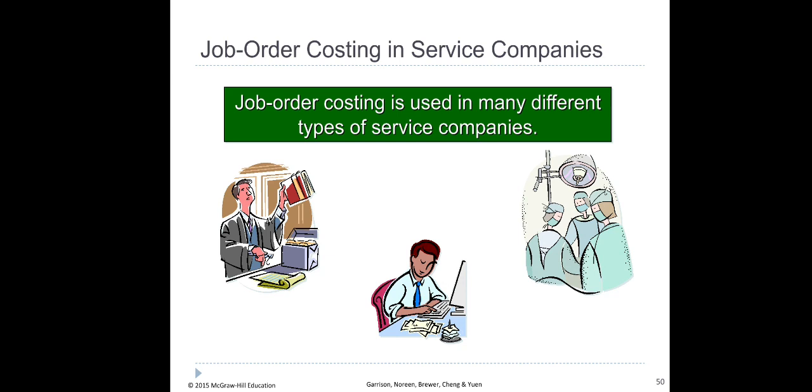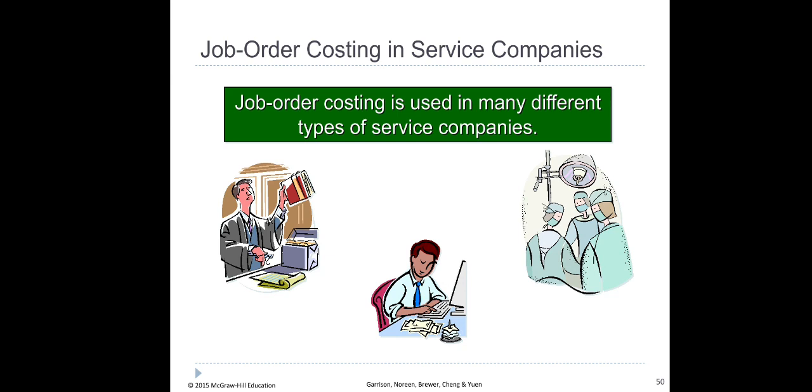Okay, another thing that I want to share with you is that job order costing can be used in manufacturing businesses, and also can be used in service businesses. An example of a service business is an architect firm.